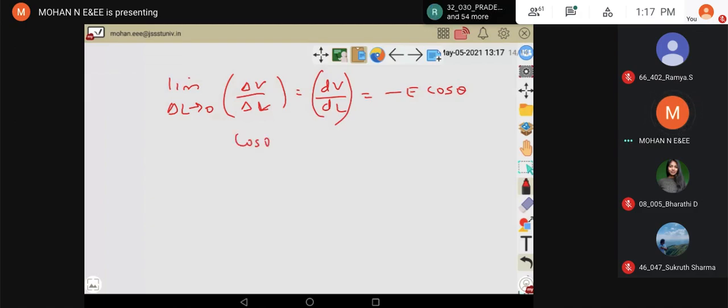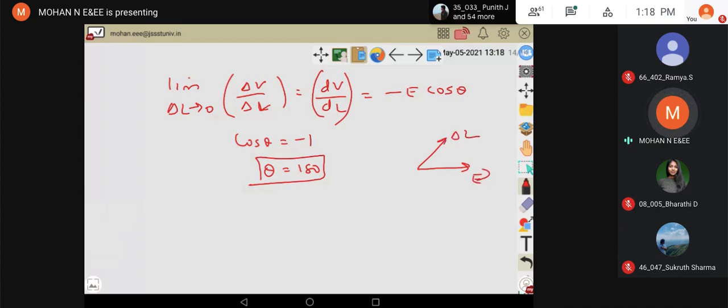Cos theta will be minus 1 only when theta is equal to what? 180 degrees. That means your gradient will be maximum only when delta L and E are 180 degrees out of phase. That means your distance vector should be opposite in direction to the field vector. Okay, so then only you can say that the gradient is the maximum.